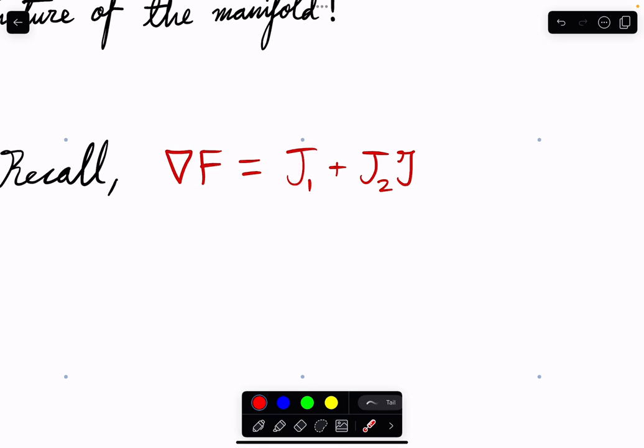So this is a complex vector. So you can say that the gradient of the bivector F is a complex vector here. And just for rigor's sake, I'll say J1, J2 are in STA1.